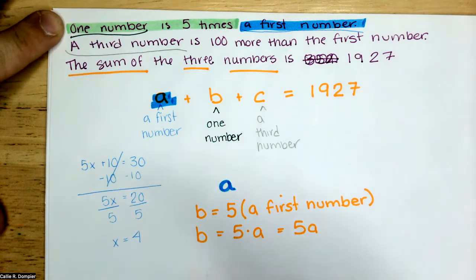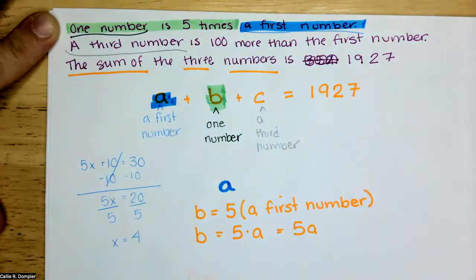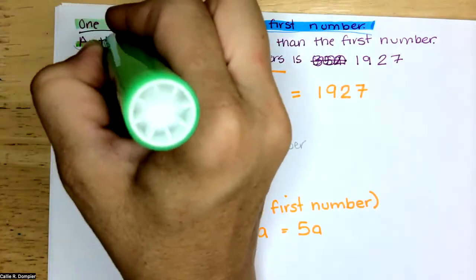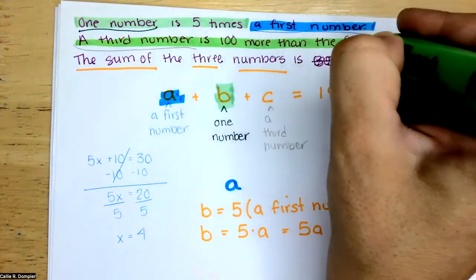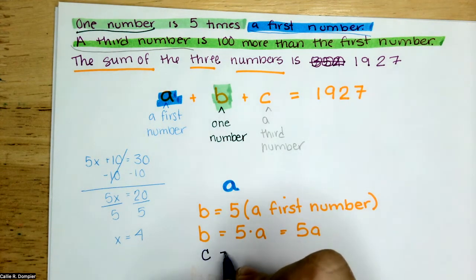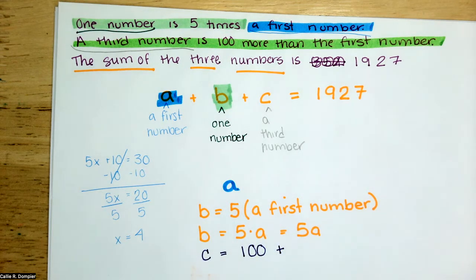The last one, a third number is 100 more than the first number. So we said B is 5 times A. And now we have a third number. A third number, which we're calling C, is 100 more than, which means plus, right?